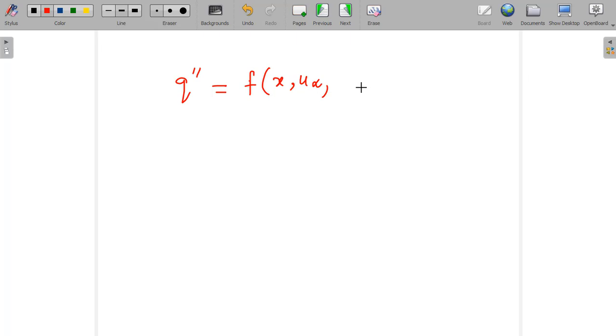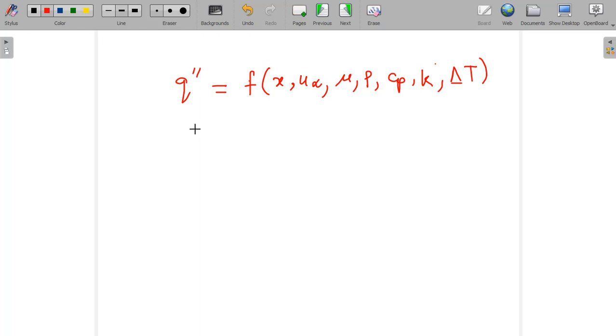So x, u infinity, then some fluid mechanics properties like mu, rho, and thermal properties like Cp, K. You need not write rho twice. Okay, so these are the different properties on which heat flux depends, and it also depends on the temperature difference.